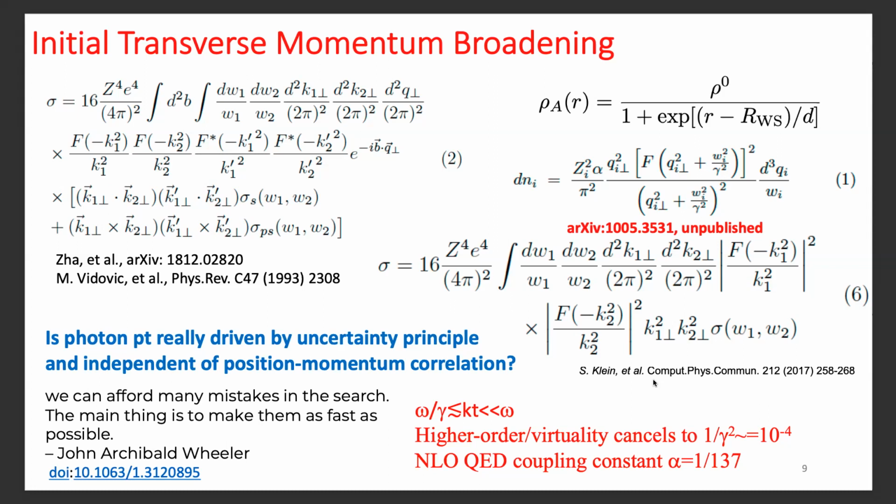The other thing is the assumption that the PT distribution is just a random sample of these two photon fluxes added randomly together. That clearly is also not true, because all these factors actually depend on the impact parameter.